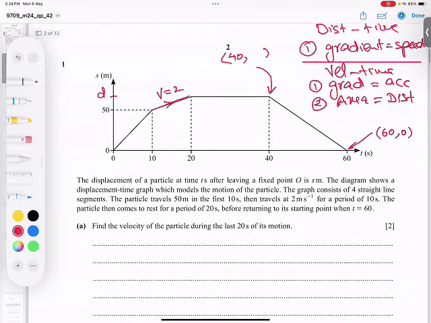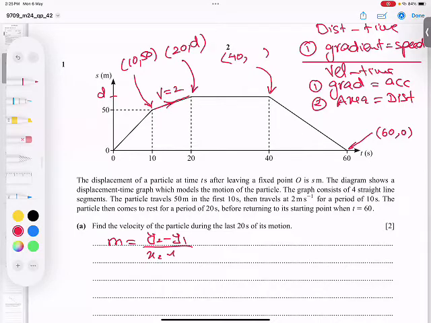Students, we have been given one connection which is helpful. I will find this gradient. What are this point's coordinates, students? It is 20, D. And this one is 10, 50. The gradient formula is y2 minus y1 over x2 minus x1.